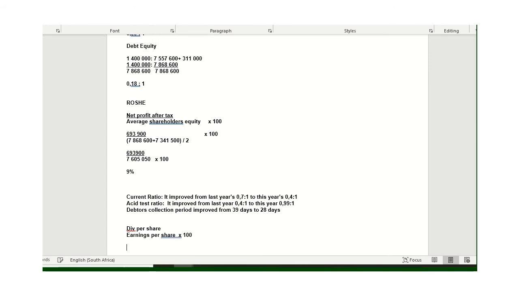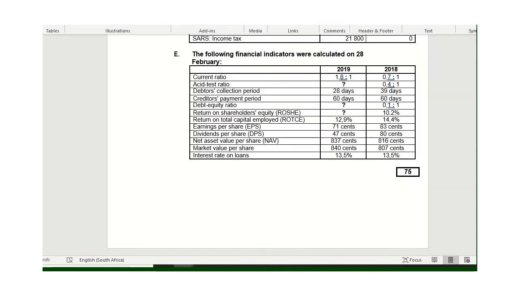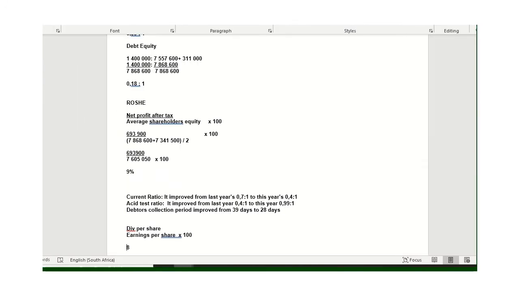So my dividends per share for last year was 80 cents, and my earnings per share, 83 cents. So it's 80 divided by 83 times 100 over 1. And that gives me 96.4%. So they paid out 96.4% of whatever they made.